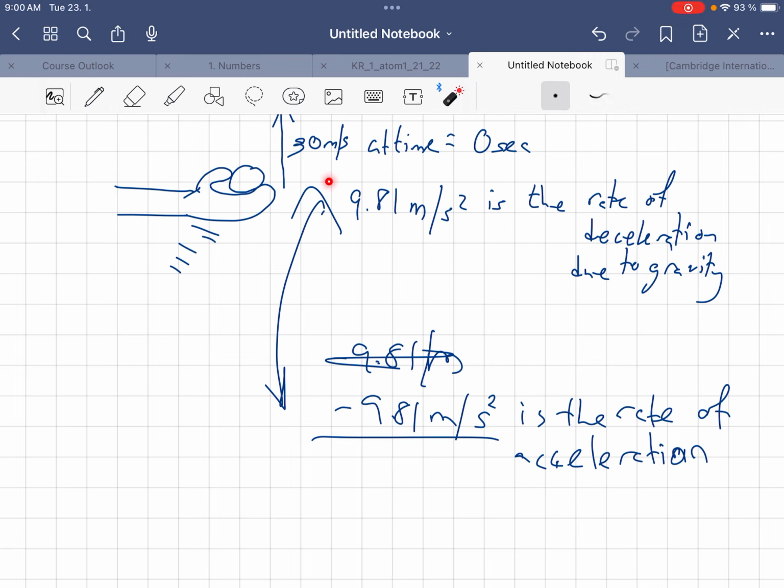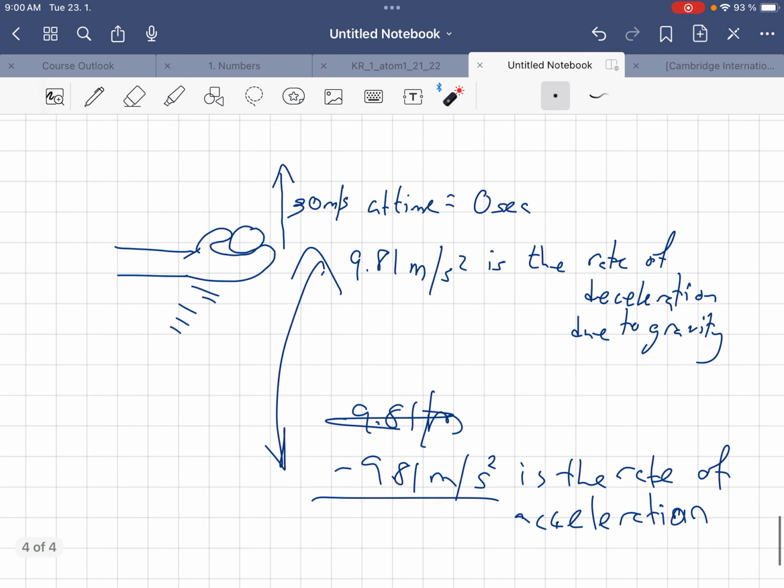Both of these statements are correct, just that they are showing different information. One is saying that the ball is slowing down at 9.81 meters per second squared, or the ball is accelerating at minus 9.81. Even though this is minus, I'm saying faster, because I'm always talking in reference to the ball.